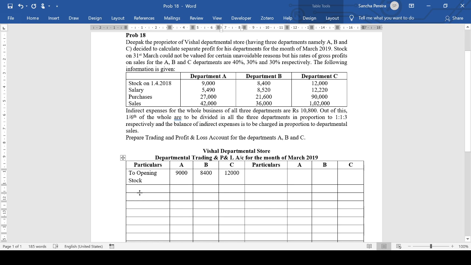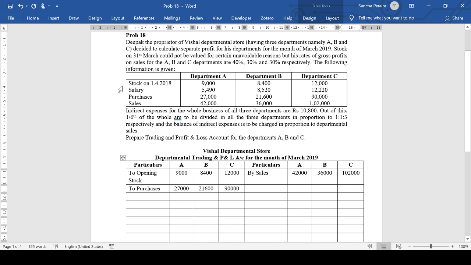They've also given us the purchases: 27,000, then 21,600 and 90,000. And on the other side we have sales: 42,000, then 36,000, and 1,02,000.